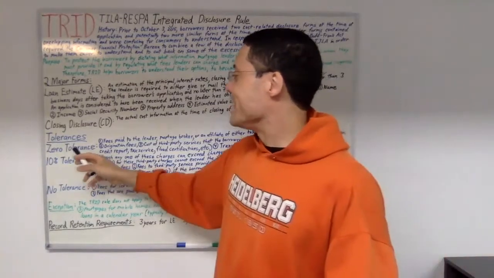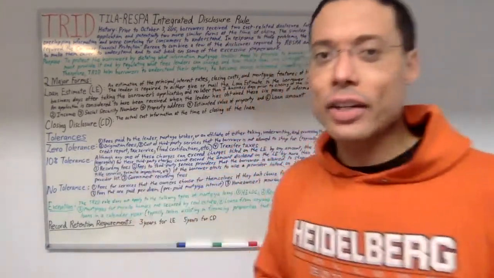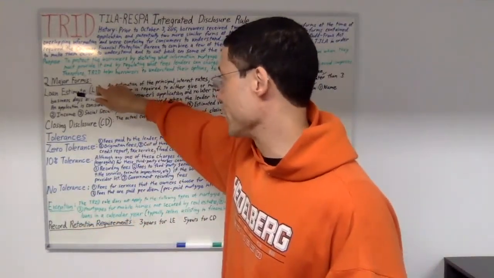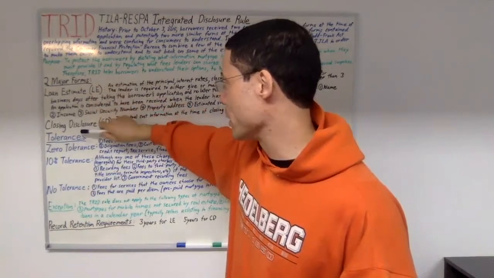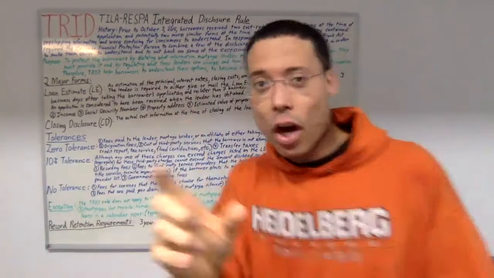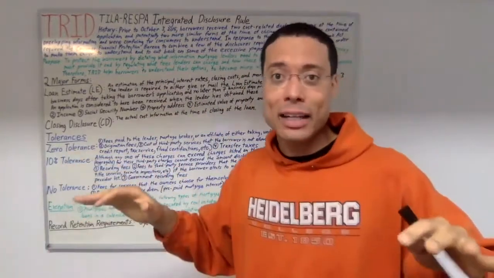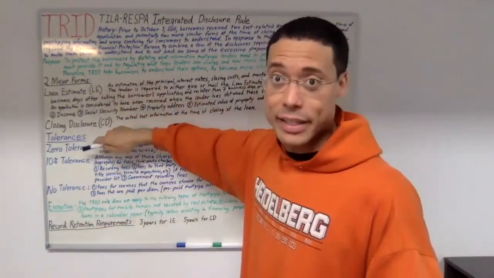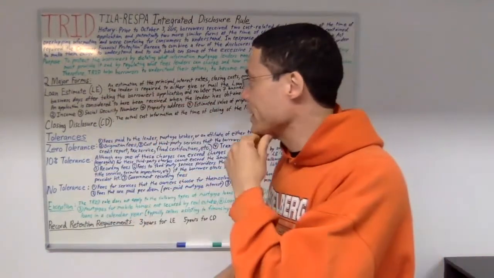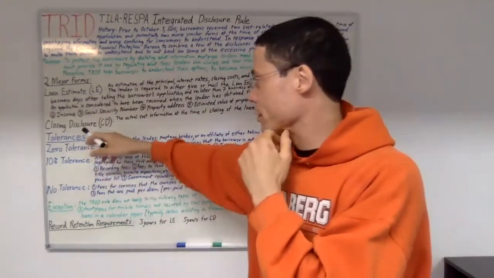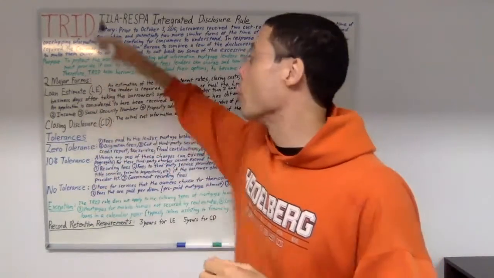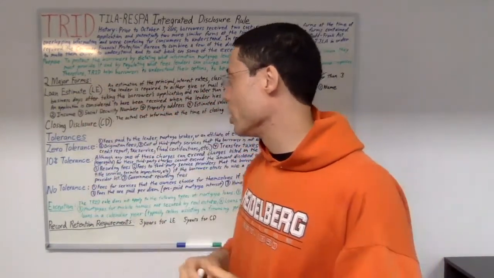So there's a zero tolerance, meaning it's not acceptable for there to be a difference between the loan estimate and the closing disclosure regarding certain costs. Certain fees have a zero tolerance, meaning they cannot change. Any change is unacceptable. I'll say the cost in the closing disclosure cannot be more than what was disclosed in the loan estimate, right?